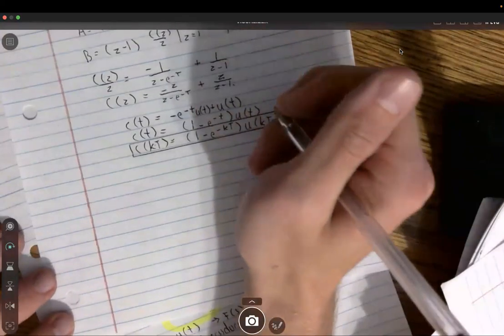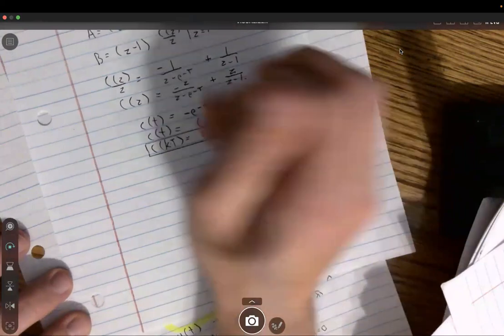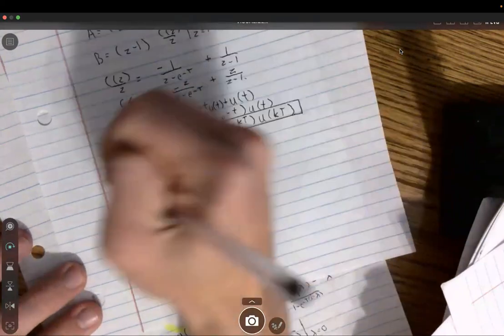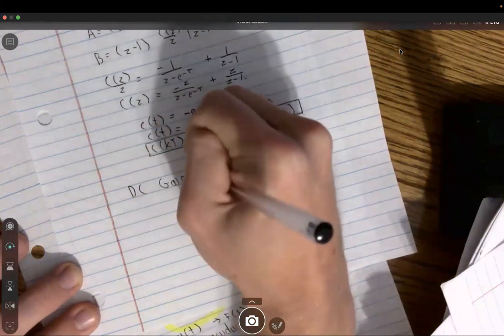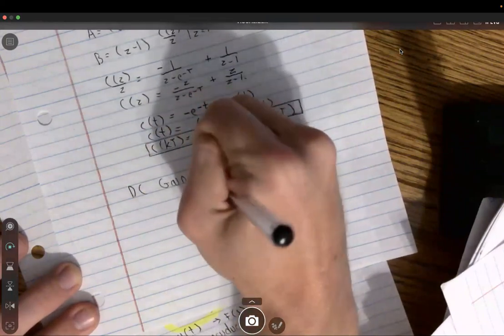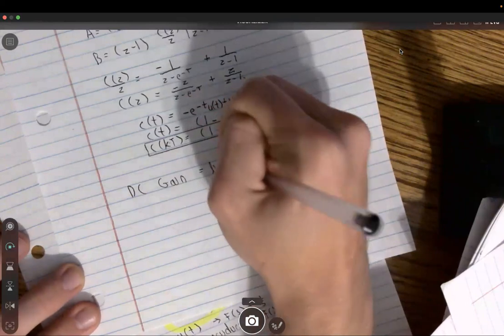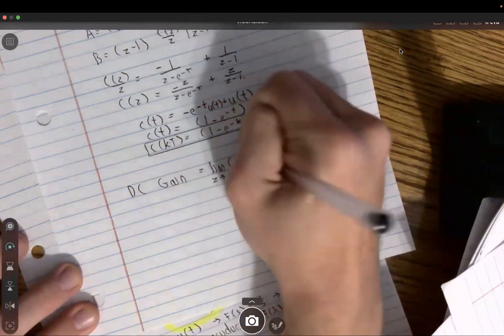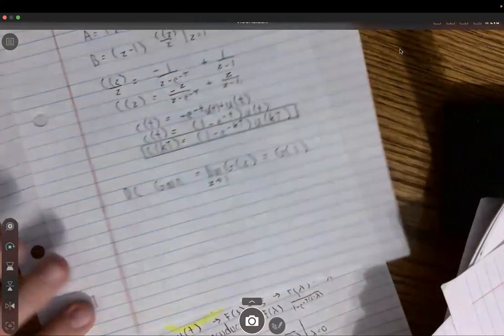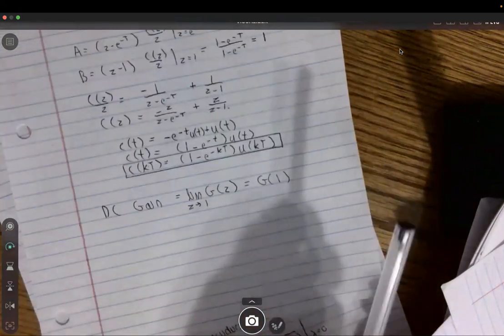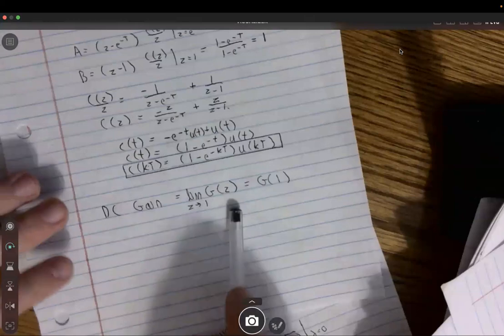So the first one is going to be our DC gain of the system. The DC gain is going to be equal to the limit as Z approaches 1 of G of Z. So that's literally just plugging in 1 for your Z in G of Z. And that is really important when you have your DC gain.